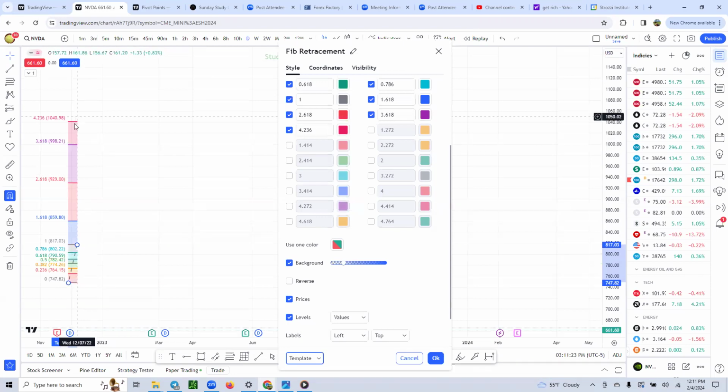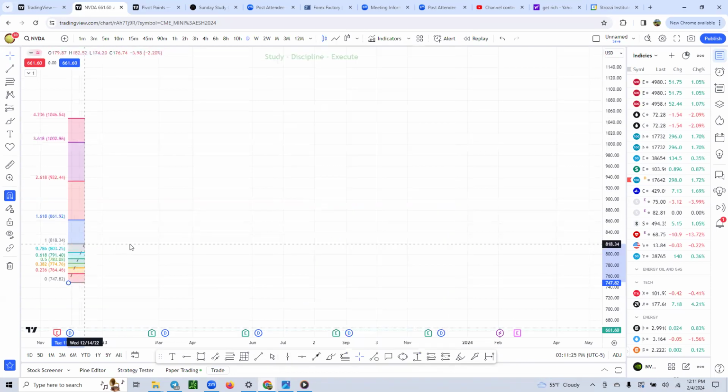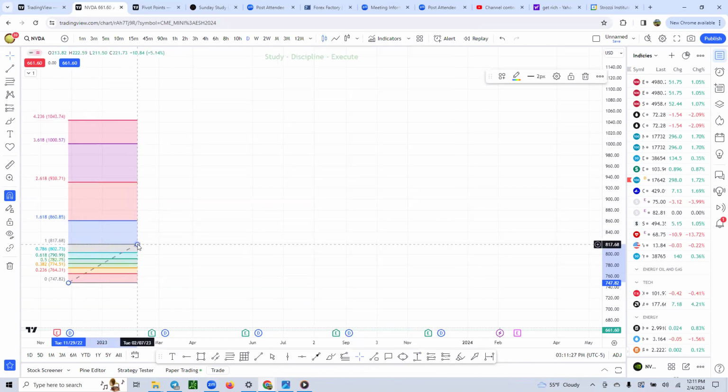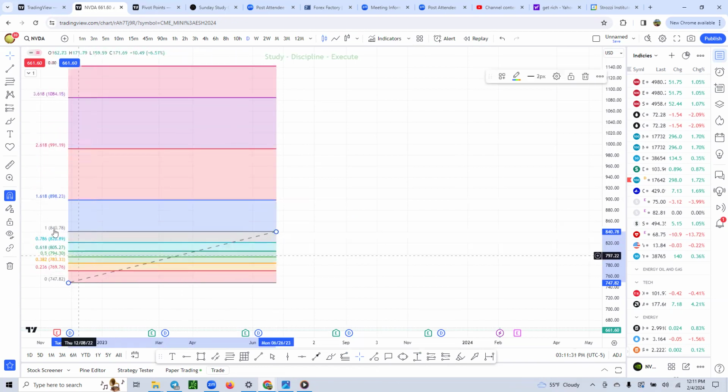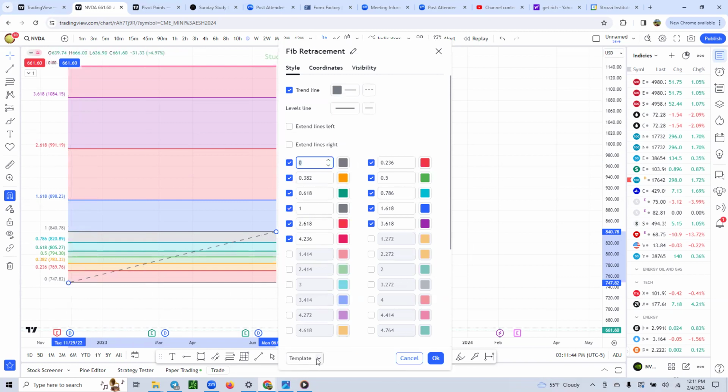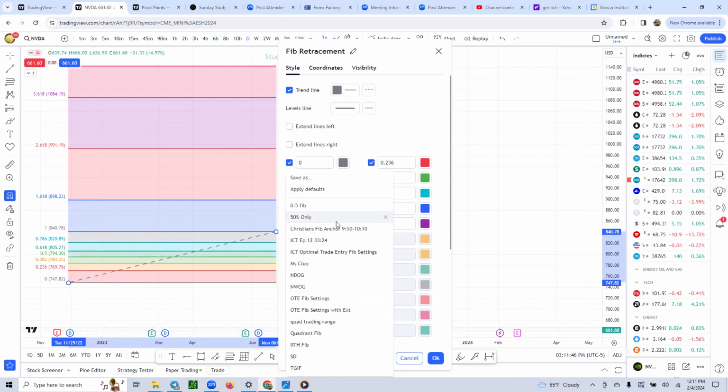So this is what it's going to look like when you first go in TradingView to see the Fibonacci tool. But I don't like my numbers on the left, because it's covered by candles if there's candles over here, so I moved them over to the right. So I customized my tool to be how I want it to look.